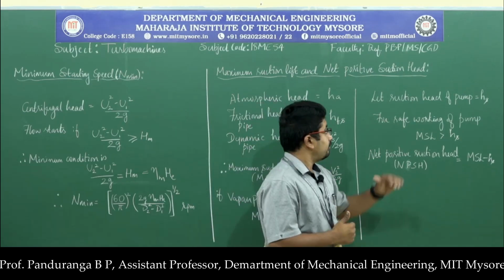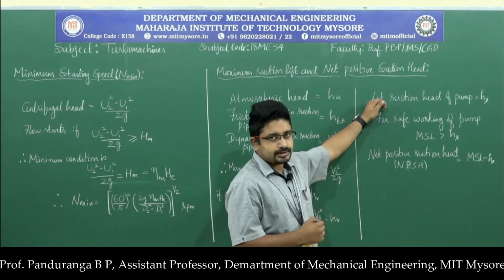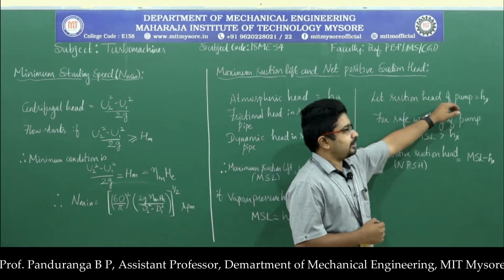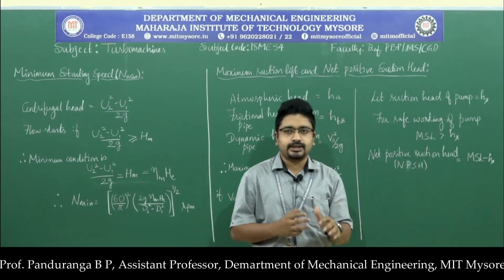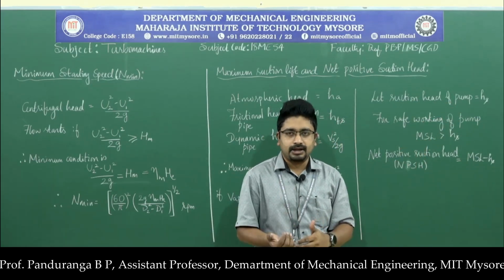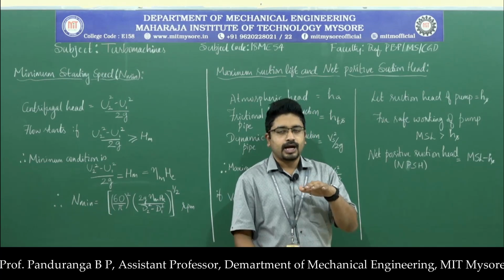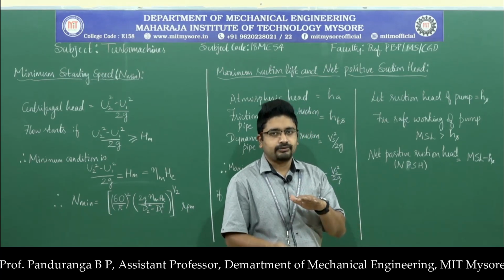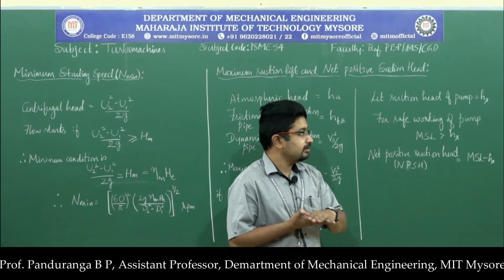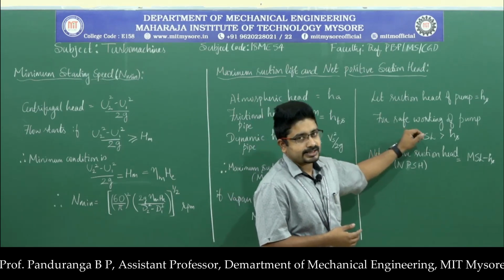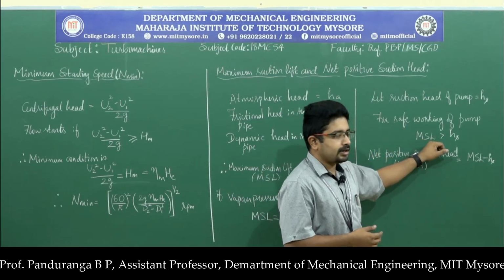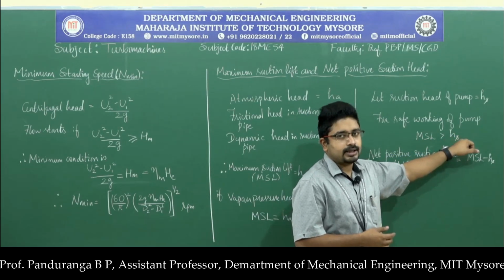For that, let us assume the suction head of the pump is HS, that is the actual head, the height from the sump where we have kept the pump. For safe working, as I said, the maximum suction lift should be greater than HS.